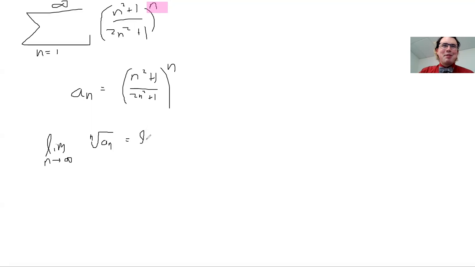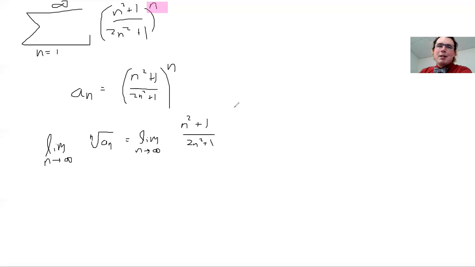And that'll be very easy to do here, since this formula is already raised to the nth power. So I'll be taking the limit as n goes to infinity of (n squared plus 1) all on (2n squared plus 1). Now, you might already have a guess as to what that limit equals.